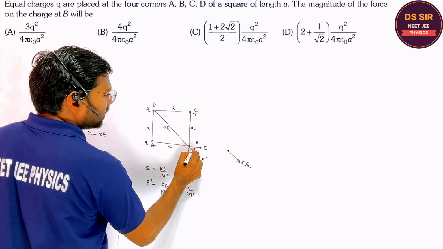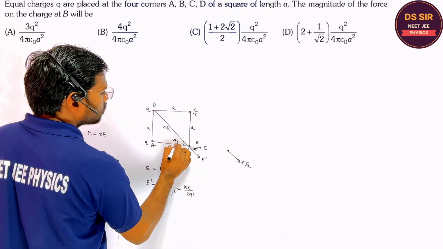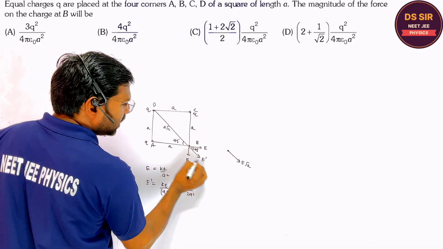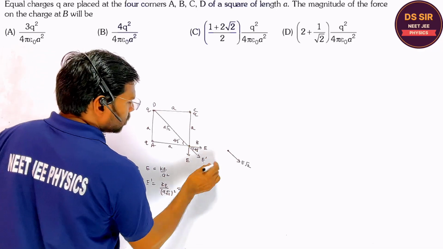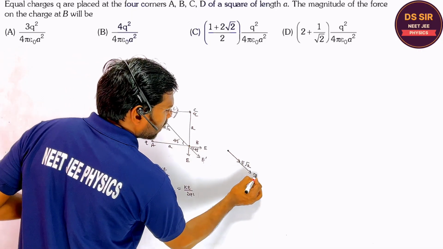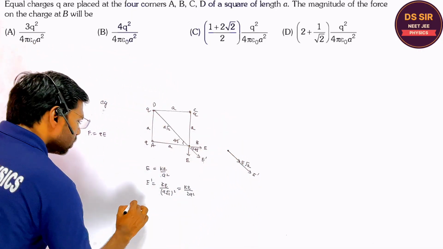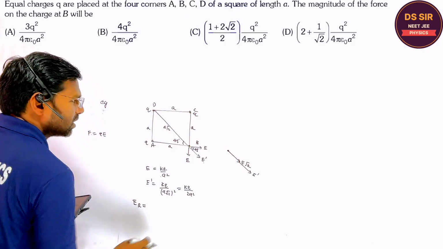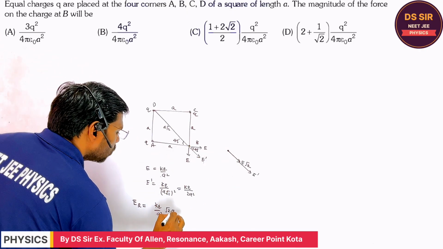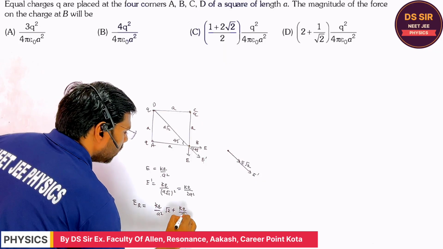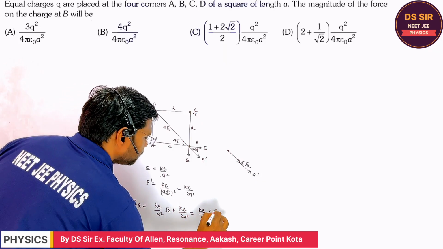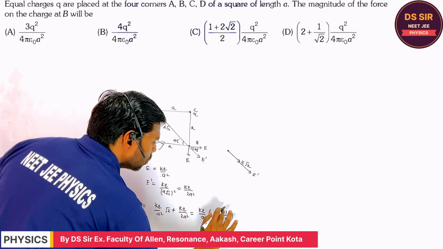Because it is 45 degree and this angle will also be 45 degree. Fine. So this is E dash. So this is E and E. The resultant is E root 2 plus, you have to add the E dash. So the resultant electric field is nothing but E root 2, KQ upon A square into root 2, plus E dash, KQ upon 2A square. So KQ upon A square, root 2 upon 2.